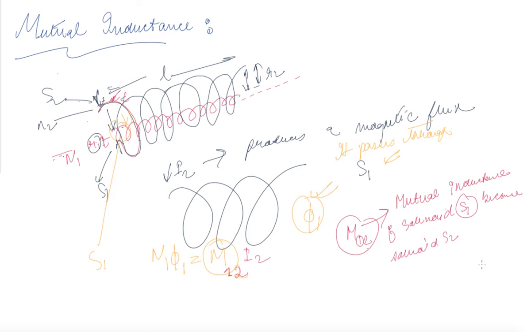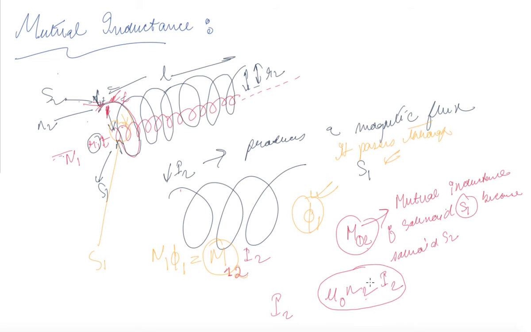Now the magnetic field due to the current I2, say this is the current I2 that has been passed in solenoid S2, is given by mu naught into N2 into the current I2, that is, the number of turns into mu naught into the current. So this is the magnetic field that has been produced.